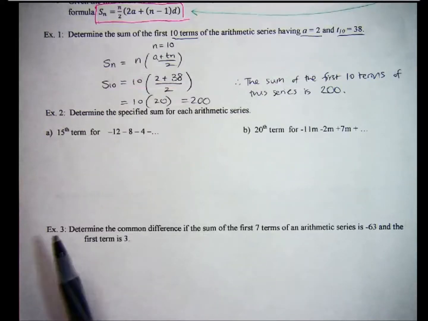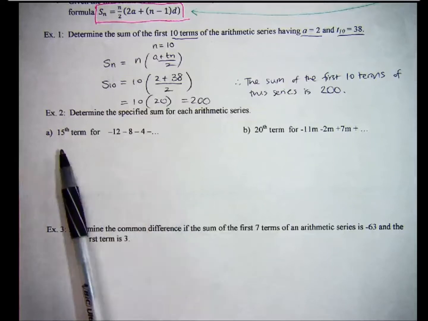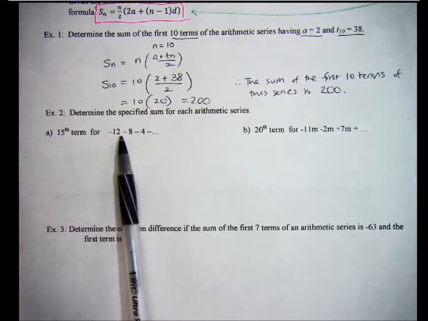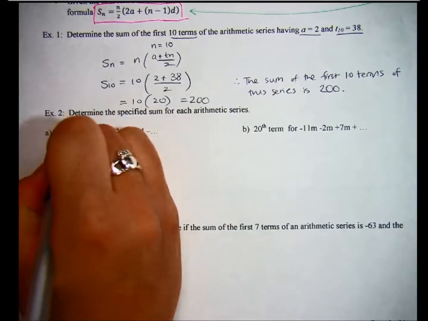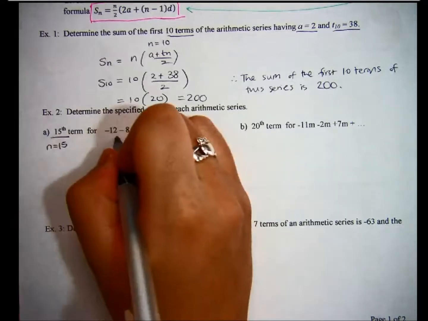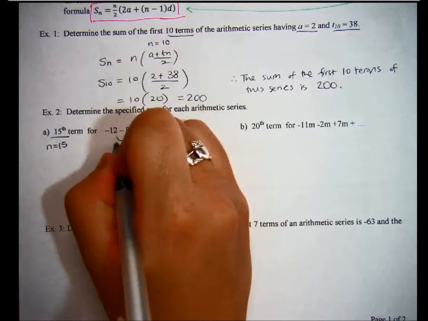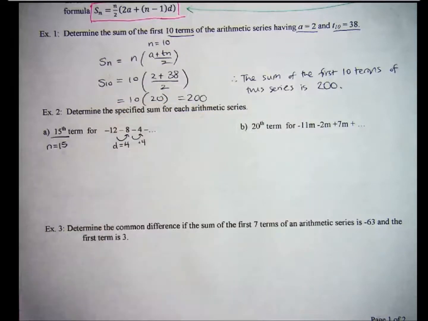For example 2, determine the specified sum for each of these arithmetic series. First, the 15th term for negative 12, minus 8, minus 4, etc. So we know that n equals 15. We don't know what the 15th term of this series is, but we do know that the common difference is 4, that we just have to keep adding 4 to get to the next term.